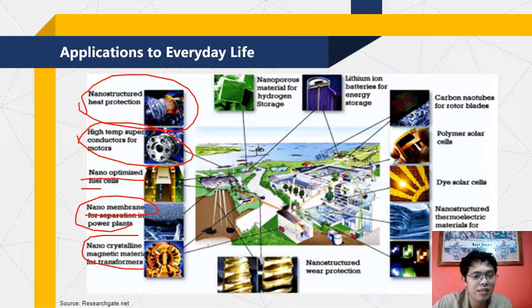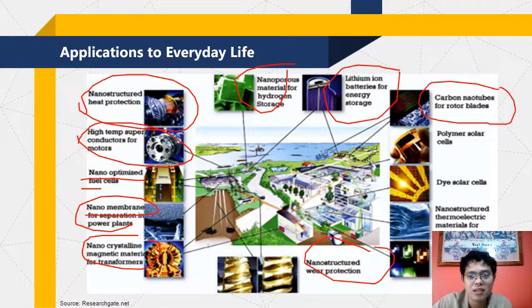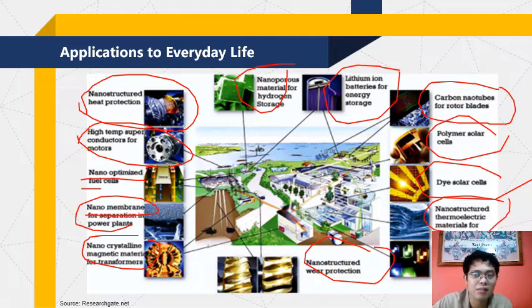Nanocrystalline magnetic materials for transformers. Nanoporous material for hydrogen storage. Lithium-ion batteries for energy storage. Nanostructured wear protection, carbon nanotubes for rotor blades, polymer solar cells, dye solar cells, and nanostructured thermoelectric materials.